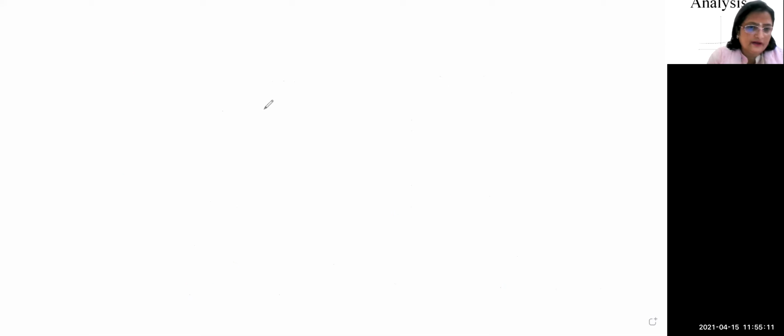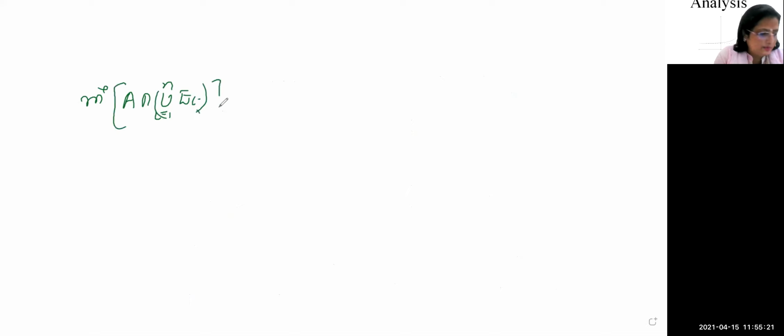So it implies what we will have. Here we had m star A intersection union i running from 1 to n Ei, right? The value of B is put here.